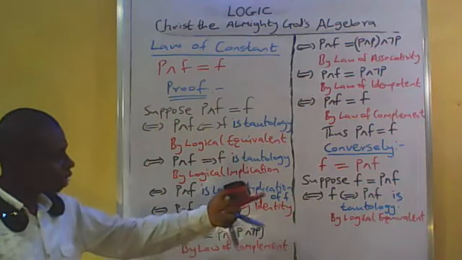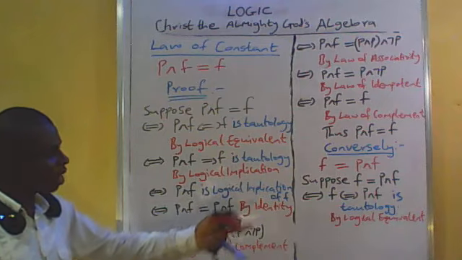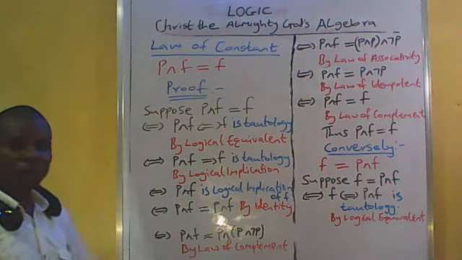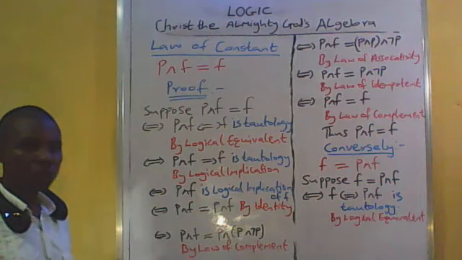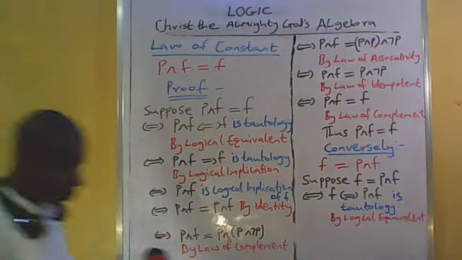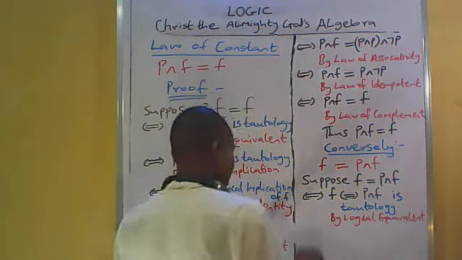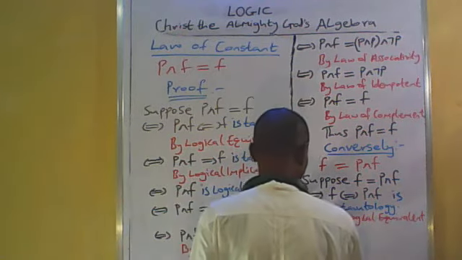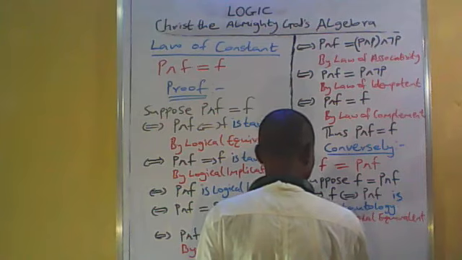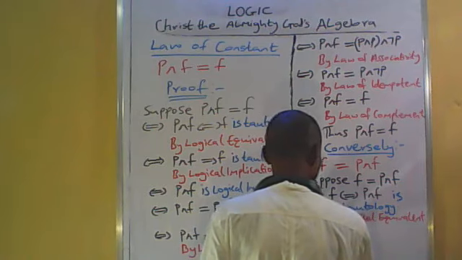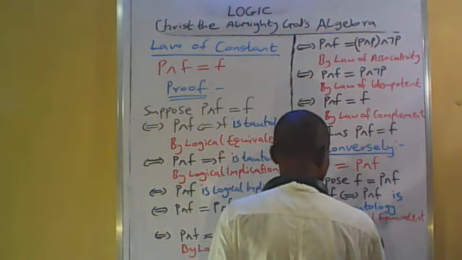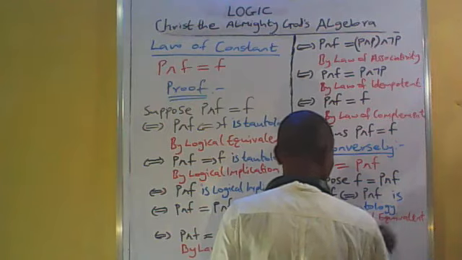Now, since if and only if p and f is a tautology, we can also transform it to a conditional statement and it will still preserve the tautology. That is, f implies p and f.